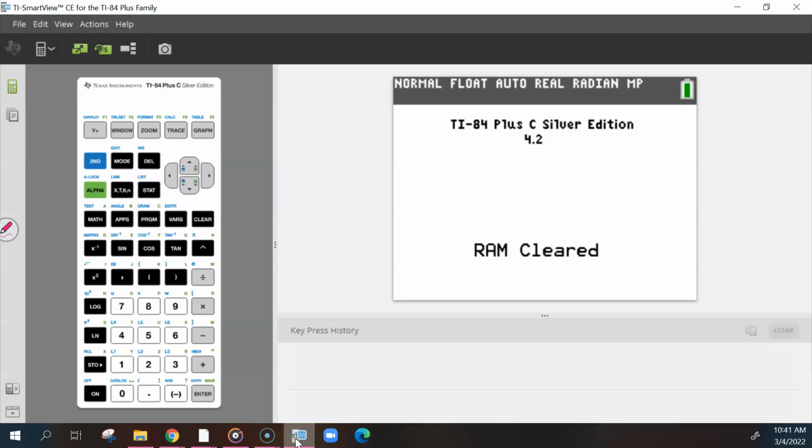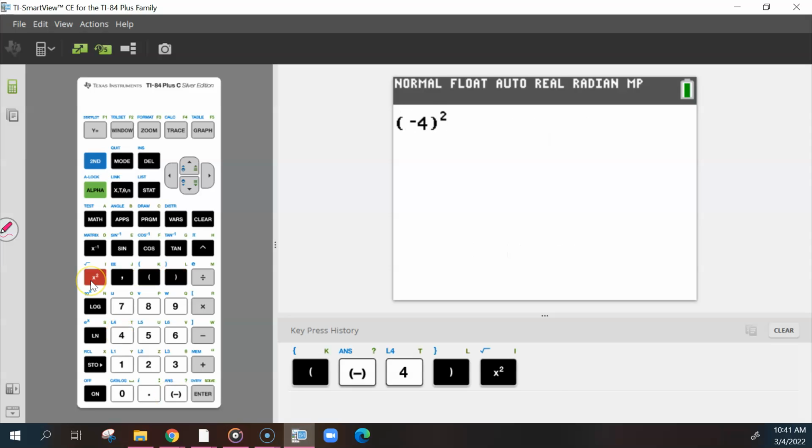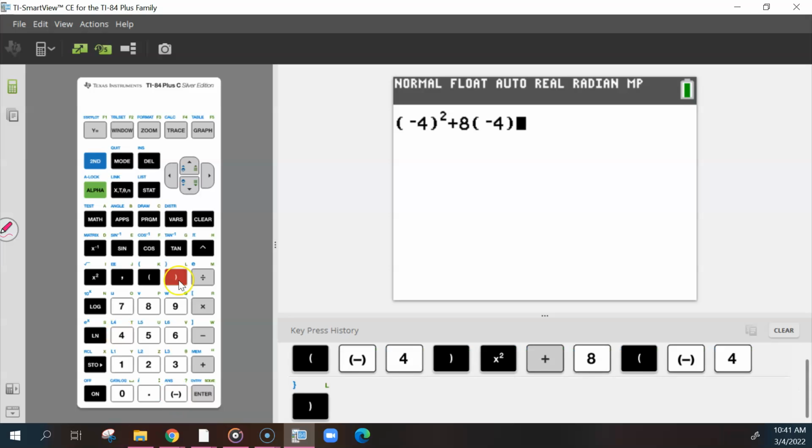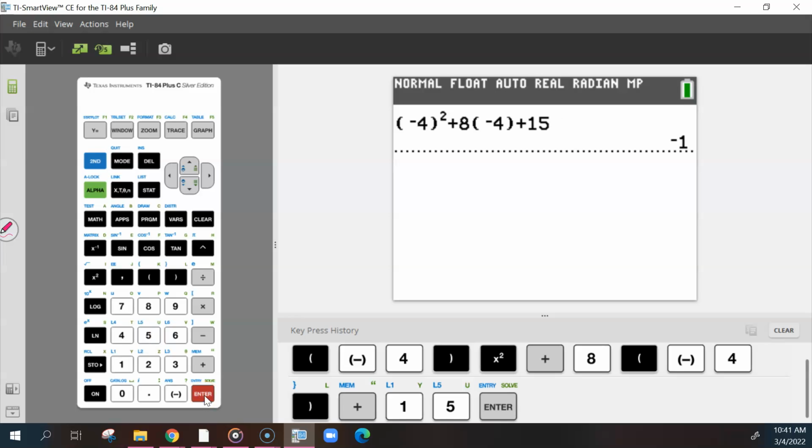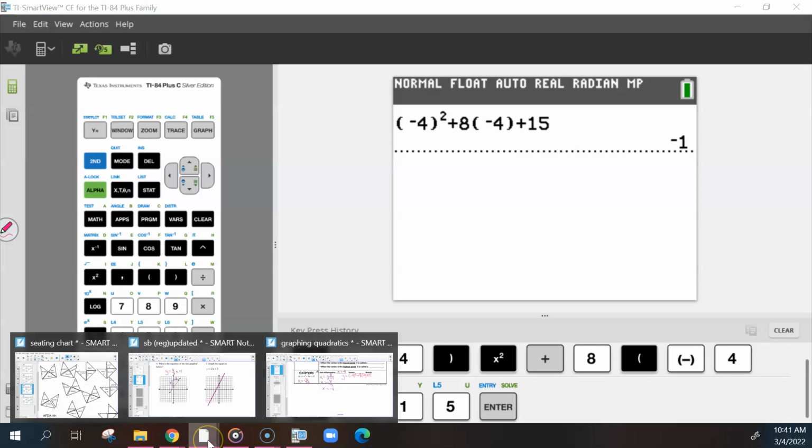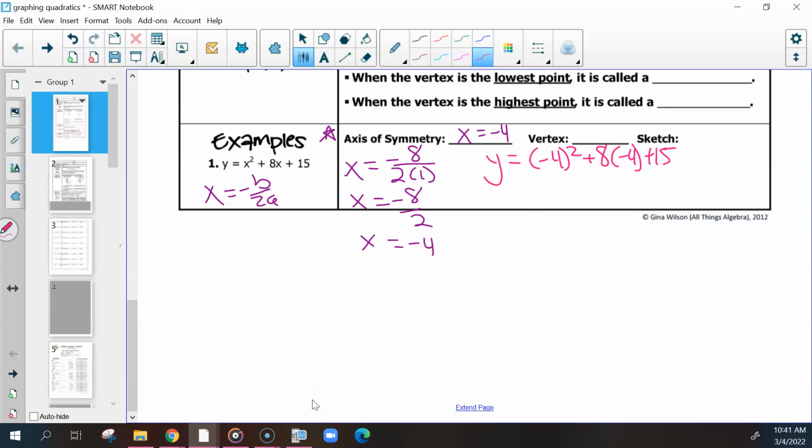Make sure you're using parentheses. And you should get negative 1 as your answer to y. We have y equals negative 1. Then we would take that x and that y, put them together in our vertex. Negative 4, negative 1.